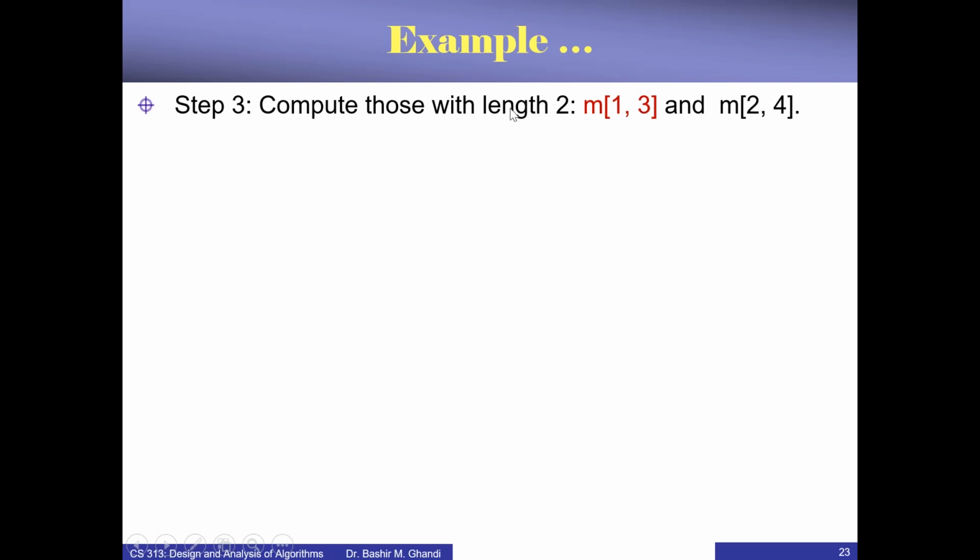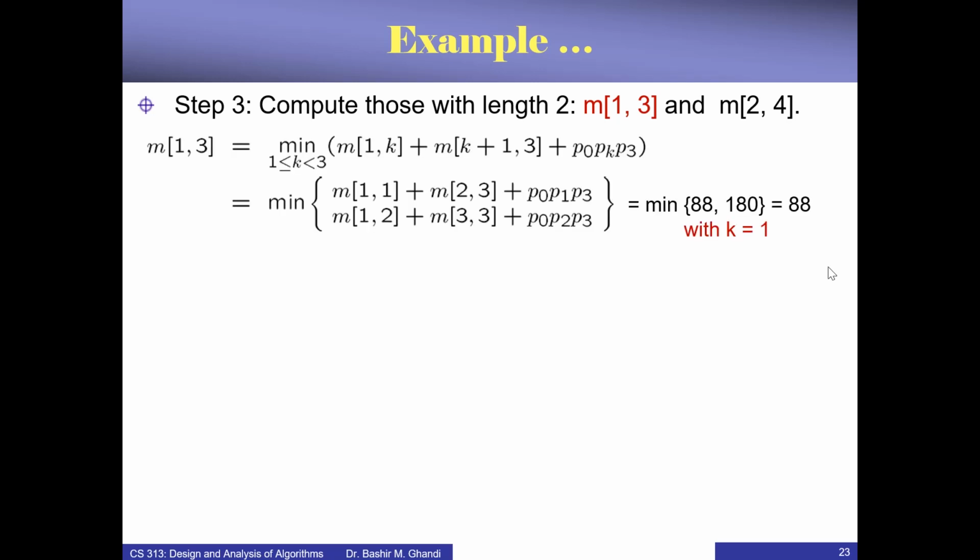This is why the problem is of length 2. So here we have two options to take a minimum, not like the previous one where the length is only 1, and therefore it is the minimum by default. So let us proceed, starting with 1-3. For 1-3, we have to vary K from 1 to 2.